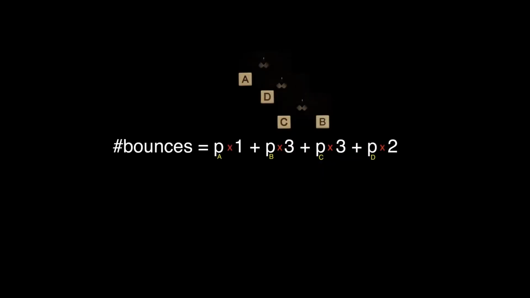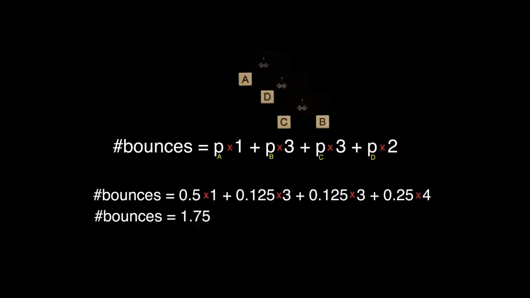So now we just take a weighted average as follows. The expected number of bounces is the probability of symbol A times 1 bounce, plus the probability of B times 3 bounces, plus the probability of C times 3 bounces, plus the probability of D times 2 bounces, and this works out to 1.75 bounces.